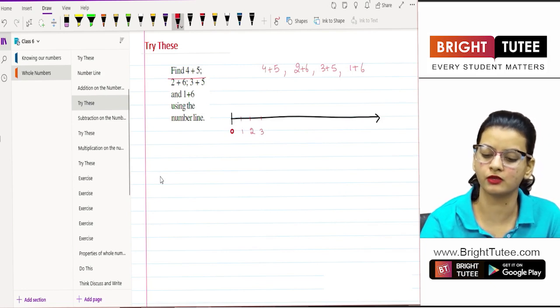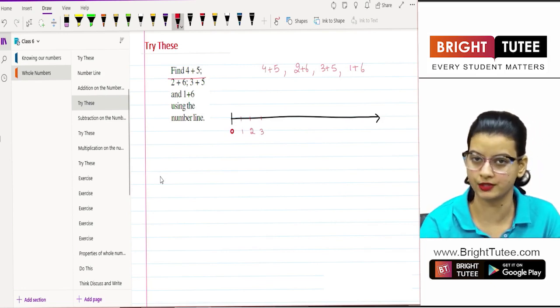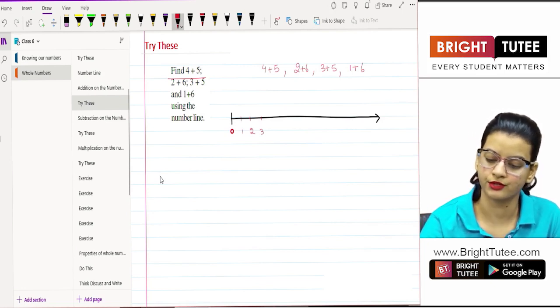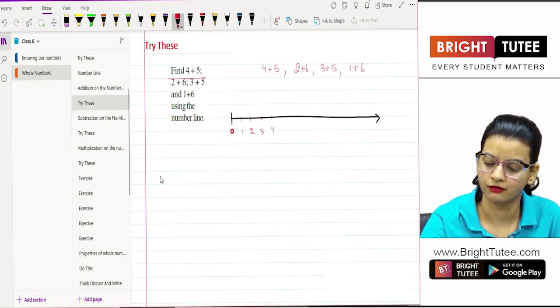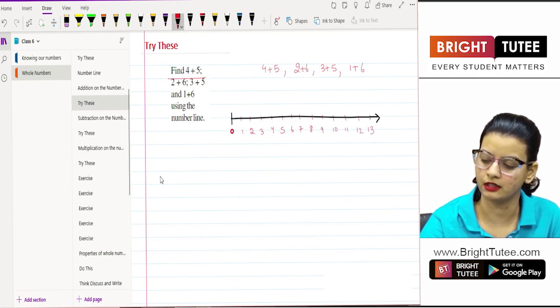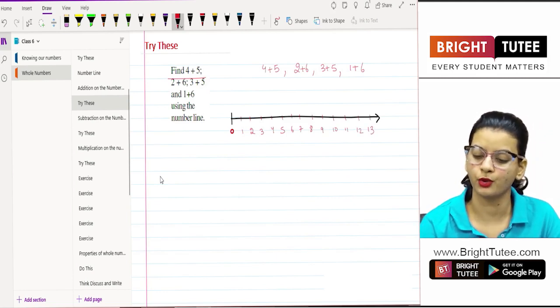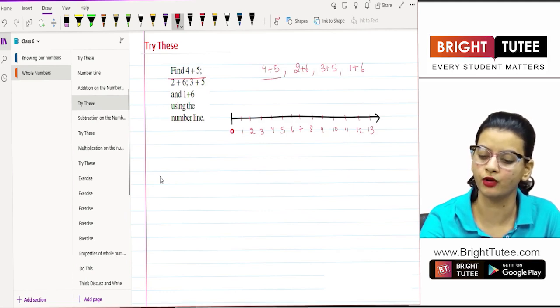There is unit distance between these consecutive numbers. So 0, 1, 2, 3, 4, 5, 6, 7, 8, 9, 10, 11, 12, 13 and so on. This will continue.